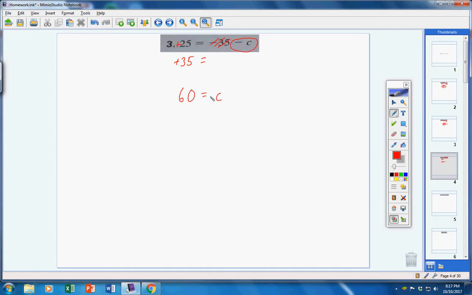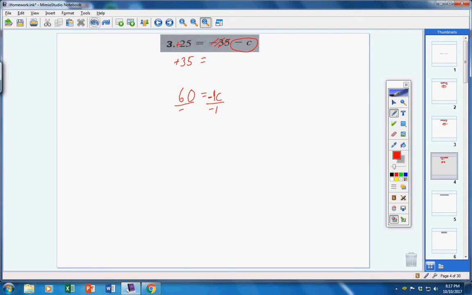It's negative C. So there's really a negative 1 here, even though we can't see it. So we divide both sides by negative 1. A positive divided by a negative is negative. And over here, your negative 1's cancel, giving you C. So C equals negative 60.